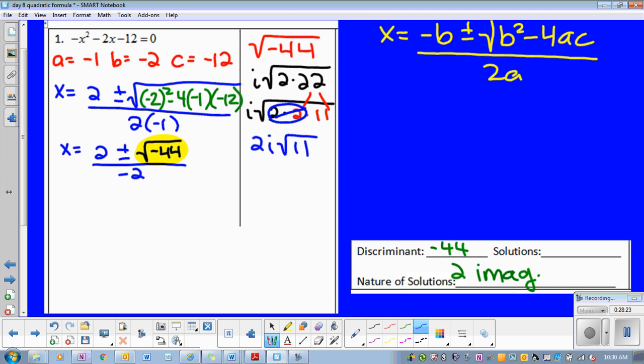Okay. So let's rewrite this, but instead of square root of -44, we're going to write it as 2i root 11. Oh, and then all over -2, right? Let's separate it now. -2, -2.